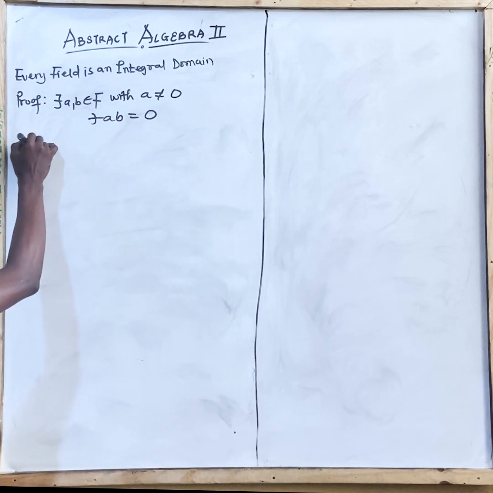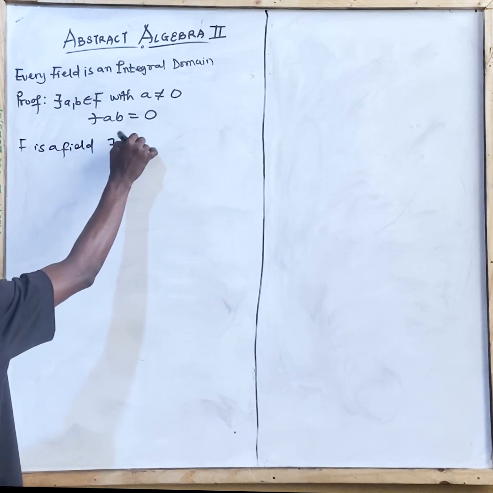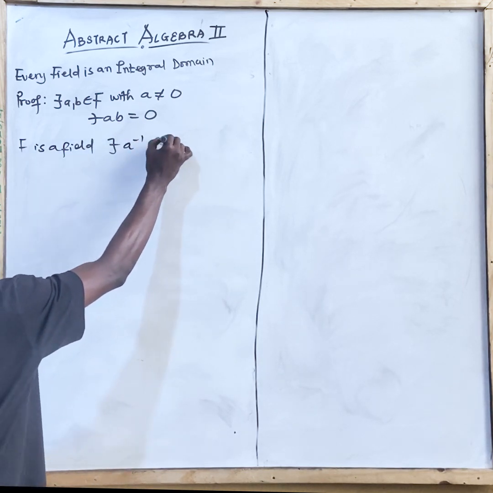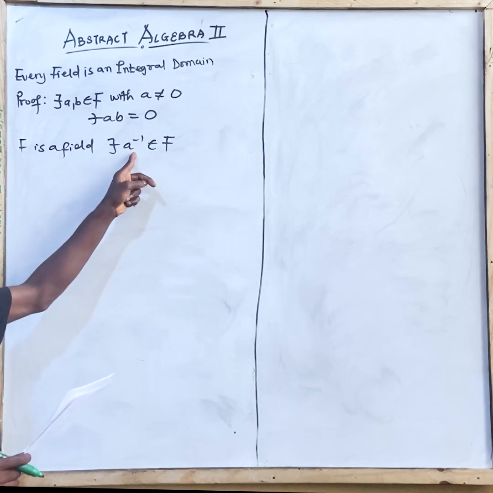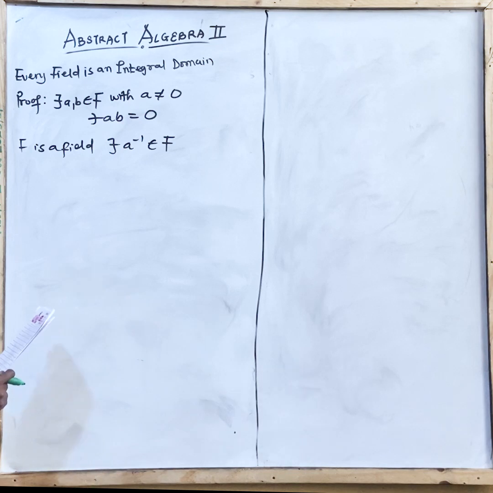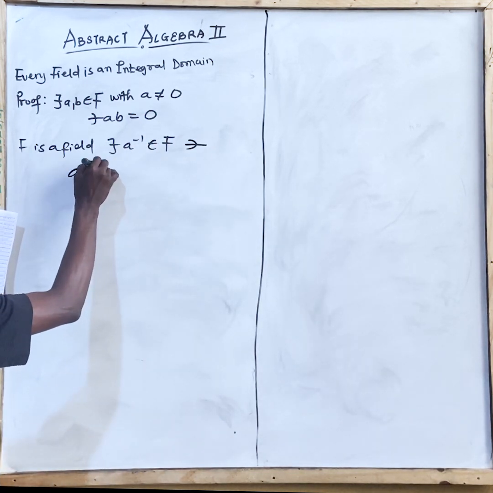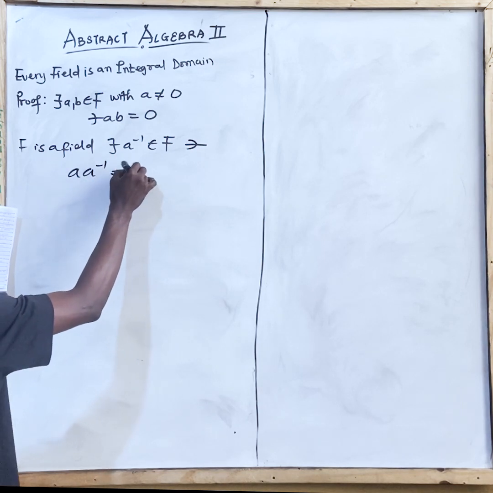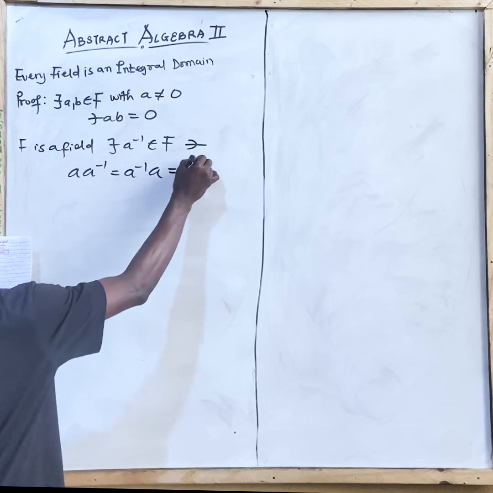So F is a field such that A inverse is in F. Yes, I defined a field for you: a field is a commutative ring with identity such that every non-zero element has a multiplicative inverse. So it always has a multiplicative inverse. There's a difference between multiplicative inverse and additive inverse.